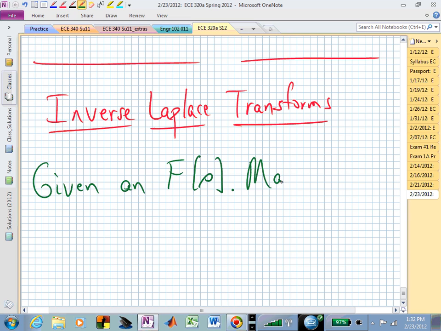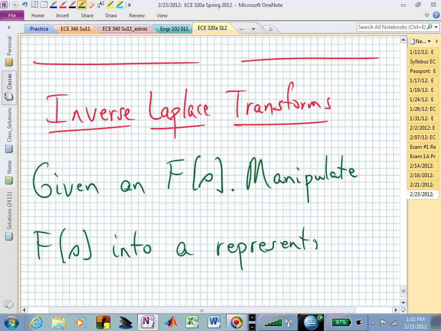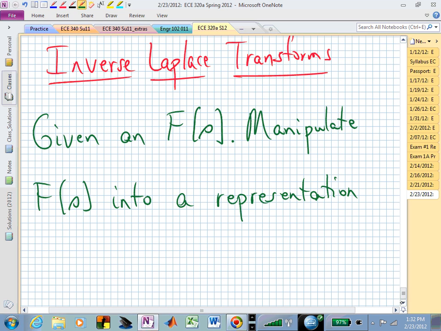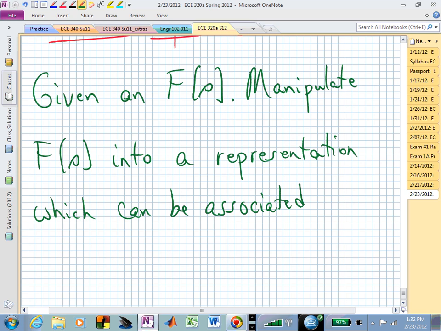We now want to manipulate that expression, that F of s, into a representation which will allow us to associate these pieces in this manipulated form of capital F of s.